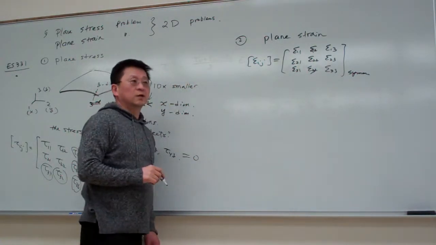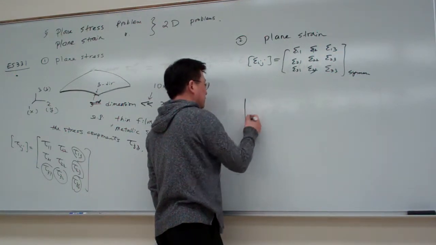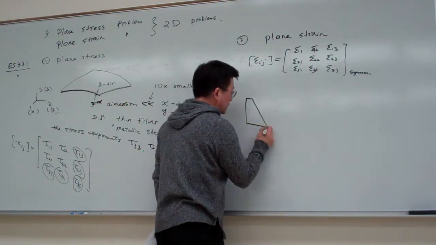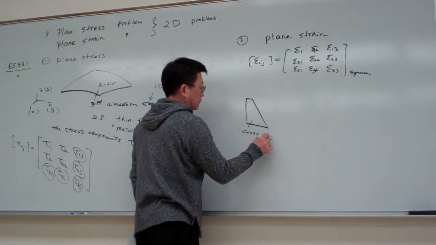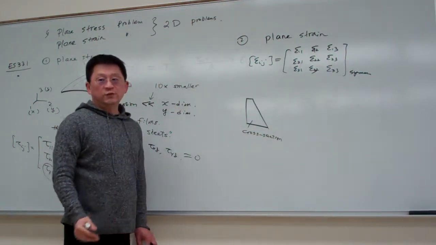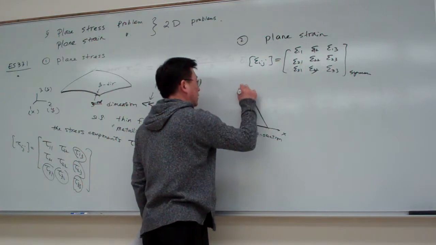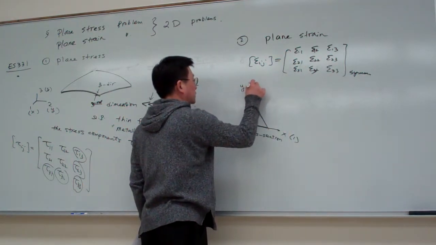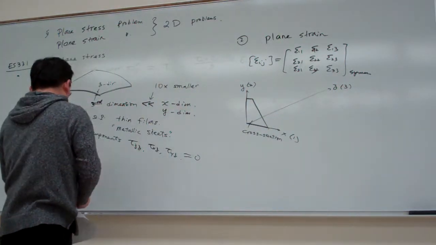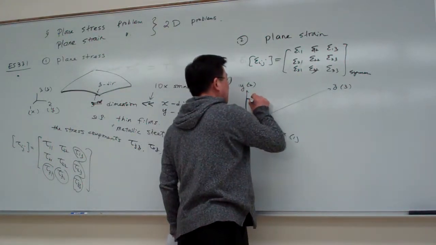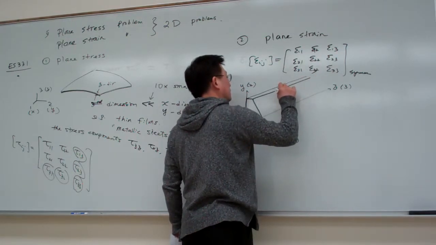And for a particular material model, for example, say we consider the cross section like this, the cross section of a certain material model. Let me take this as the x direction, y direction, or the 1 direction, 2 direction, and the z direction is in here.